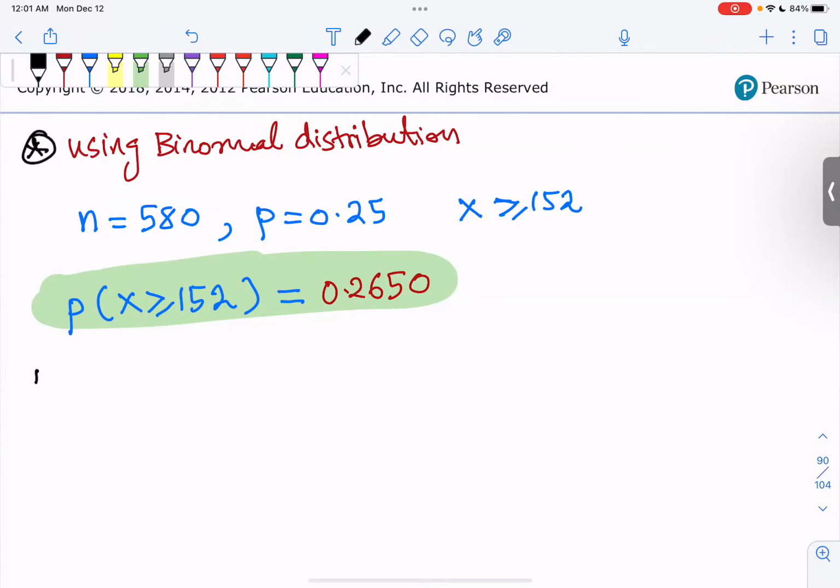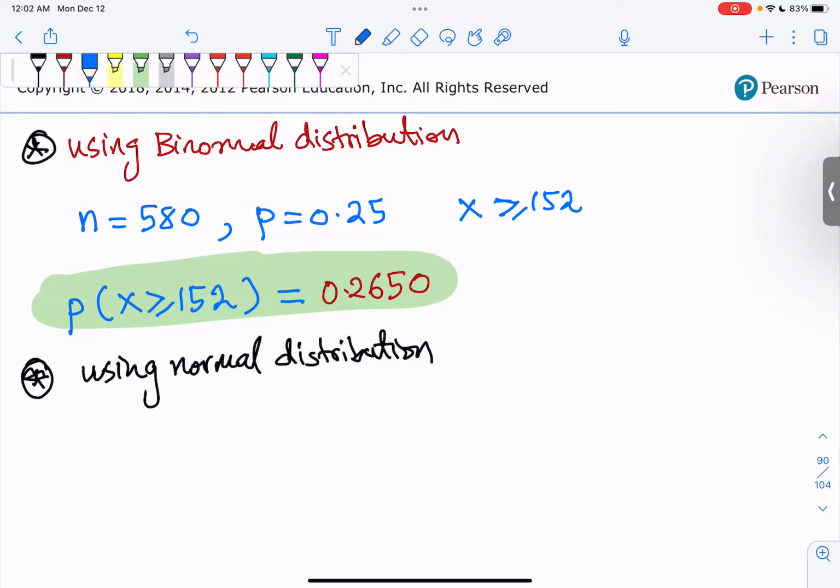So now let's use the same, but using the normal distribution as an approximation. The first step, if we want to use the normal distribution, we must have np greater than 5 and nq greater than 5.